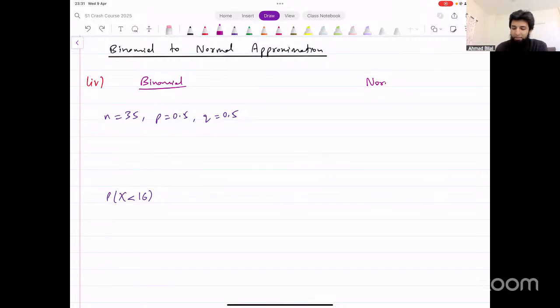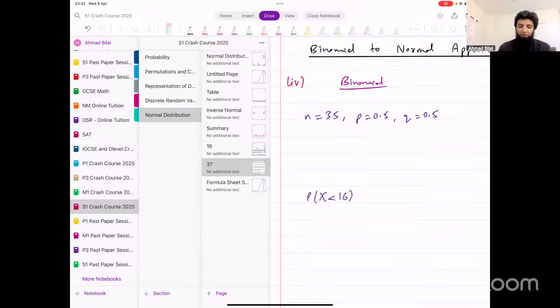Normal is described using mean of a distribution, that's mu, and standard deviation. So what we have to do is, if we want to convert it to normal, we find the mean of the distribution and the standard deviation of the distribution. How do we do that? The actual distribution is binomial. Do we know how to find mean of a binomial distribution and standard deviation of a binomial distribution? Do we have a way to do that?